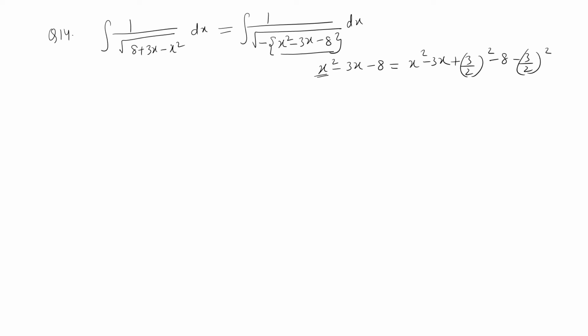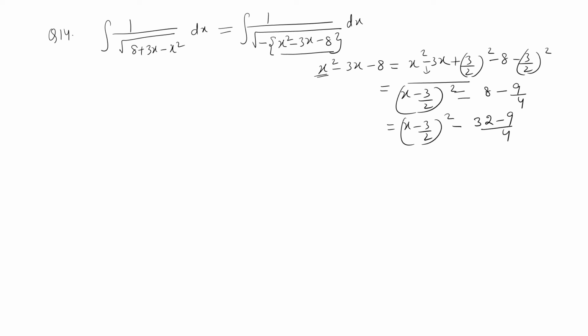So it becomes, as the negative sign is there, (x minus 3 by 2) whole square, and this will become minus 8 minus 9 by 4. Be careful while calculating. It is minus 32 minus 9 by 4. So it becomes (x minus 3 by 2) whole square minus 41 by 4.